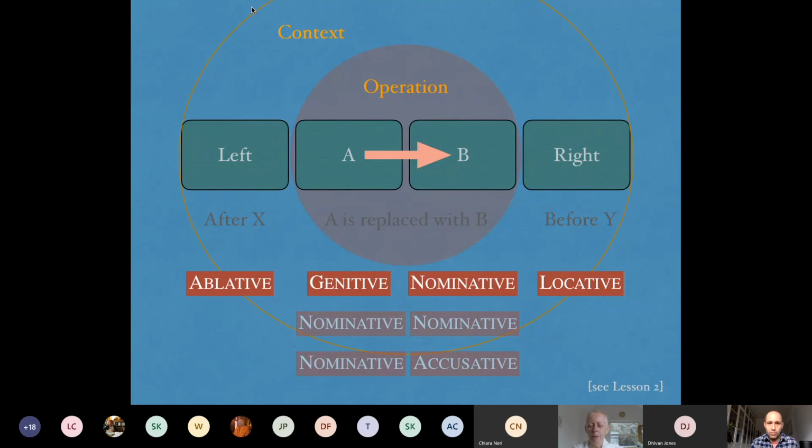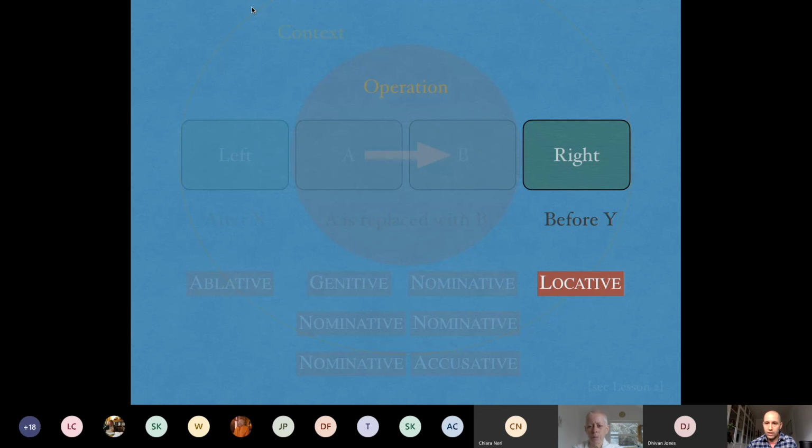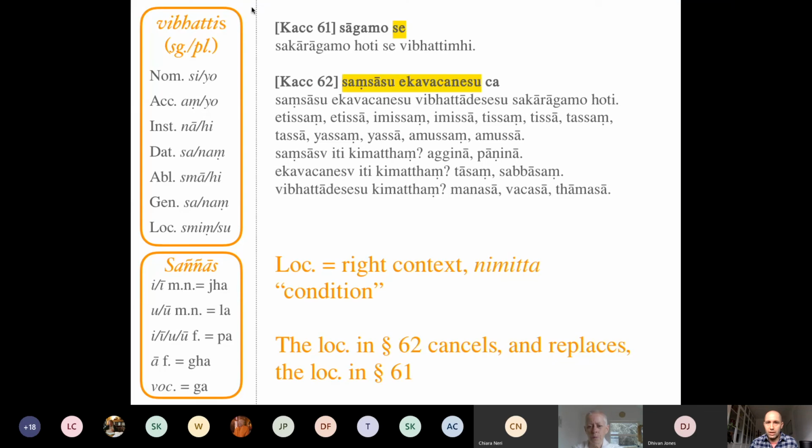For the left context, that means expressing after X item, we use the ablative, but when we use the locative, that means right context, and we have to translate it before Y or before that item. So here, se means before sa, and saṃsasu ekavacanesu means before sam and sa when they are singular.